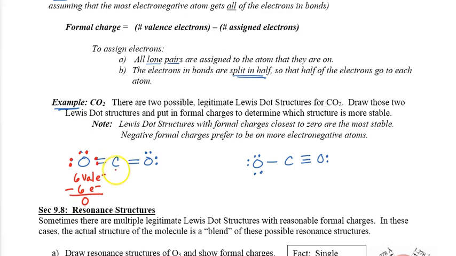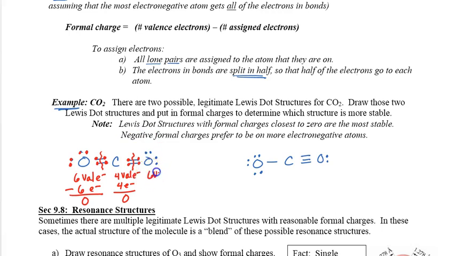This carbon has 4 valence electrons, and it's assigned 1, 2, 3, 4. We're cutting those bonds in half, so 4 electrons are assigned to the carbon, so it obviously also has a 0 formal charge. This oxygen is assigned 1, 2, 3, 4, and then 5, 6.